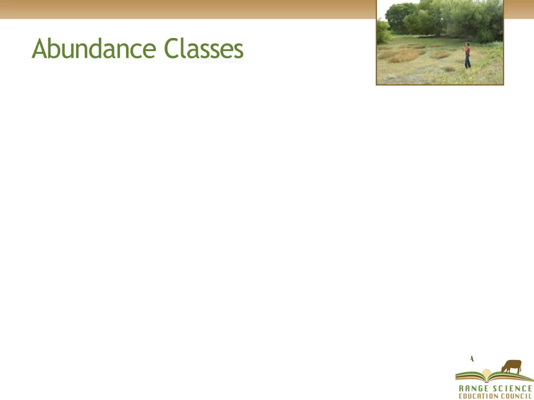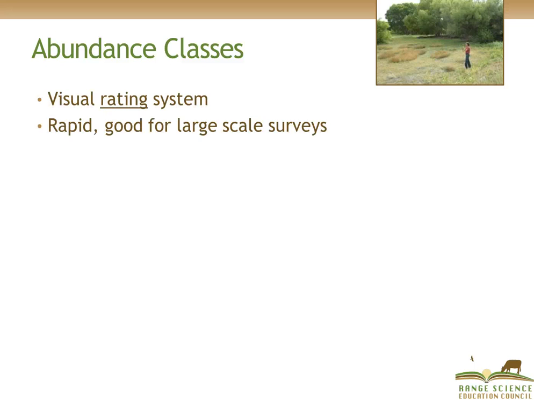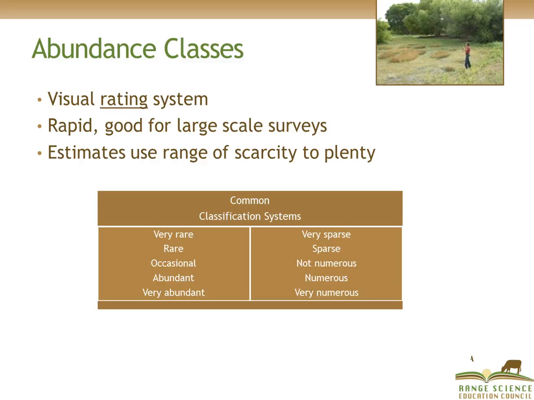With abundance classes, this is a visual rating system, and it is a very rapid approach. It's good for large-scale surveys because it can be done relatively quickly. And with this approach, we make estimates that use a range of scarcity to plenty.